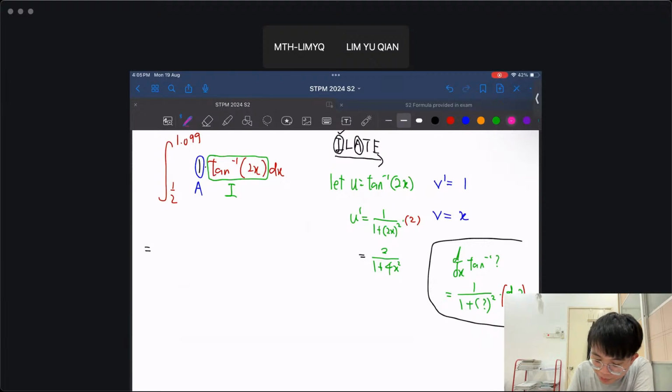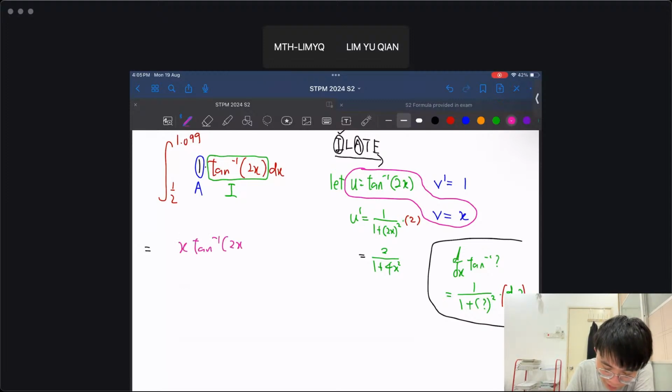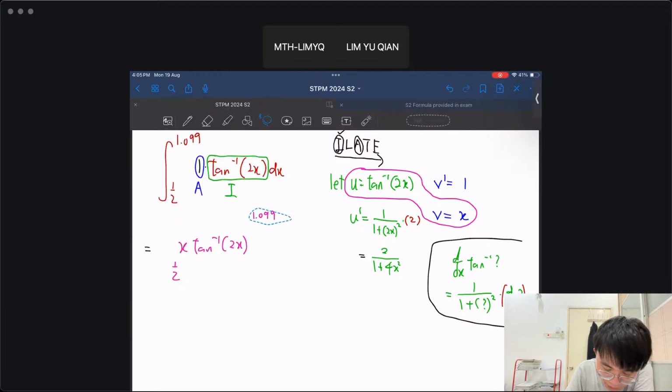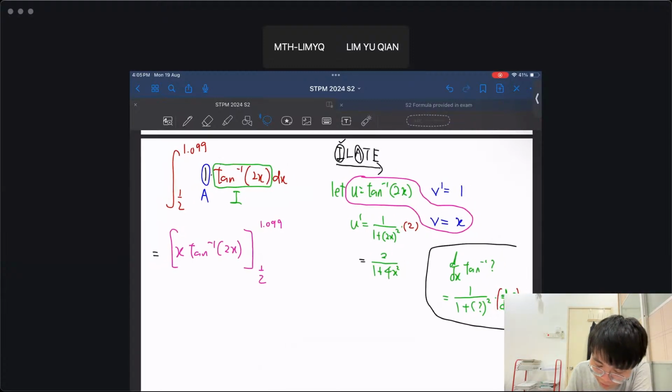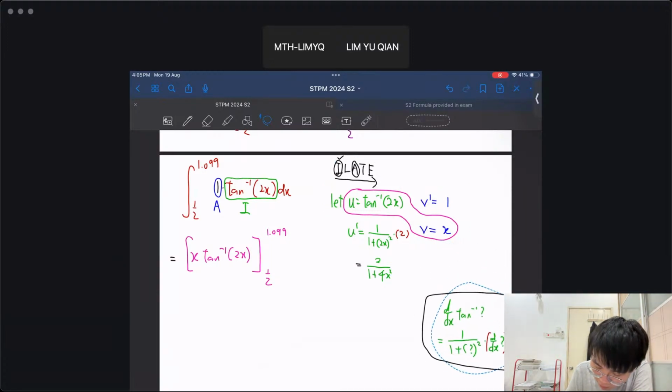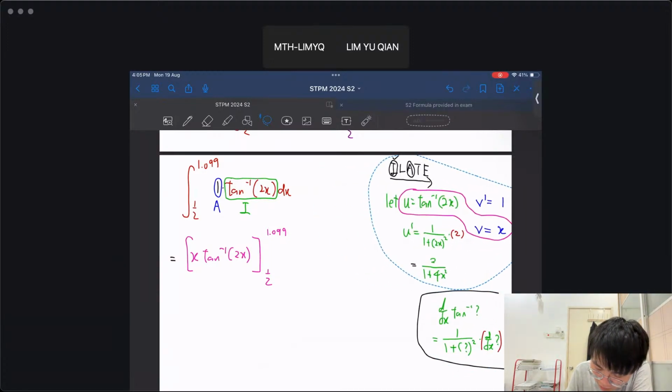Okay. Next. Integration by parts. So let's use the formula for integration by parts. This one. x arctangent 2x, with the limits 1 over 2 to 1.099. Sorry. Direct substitute. Okay, minus with this part, this result multiplied by this.